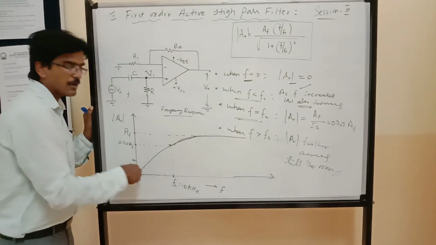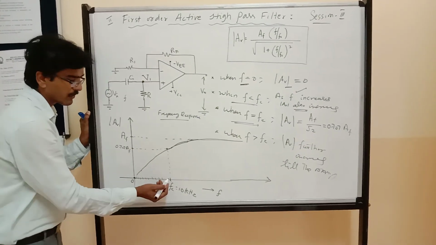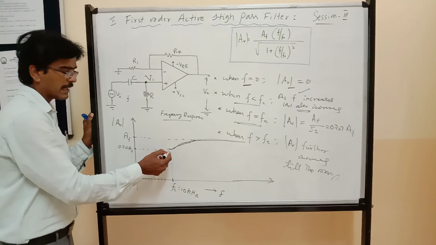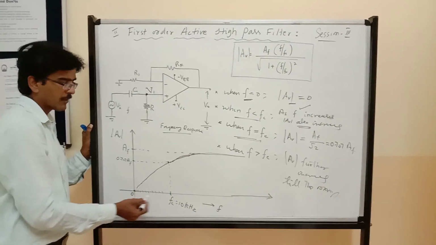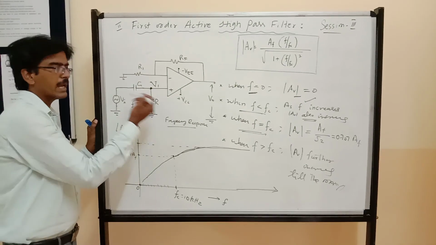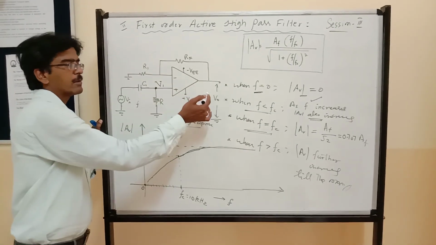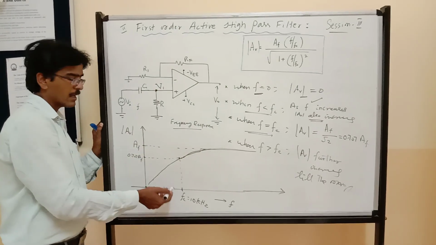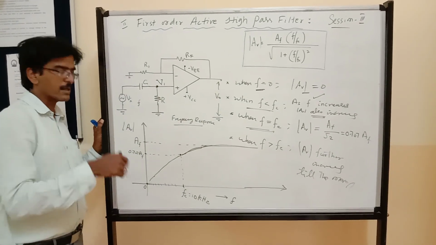And what about low frequency signals? Below Fc, we call them low frequency signals. What is happening here? Gain is falling. As the frequency decreases, gain is falling. When gain is falling, slowly the signals and outputs are rejected. Hence low frequency signals are rejected.